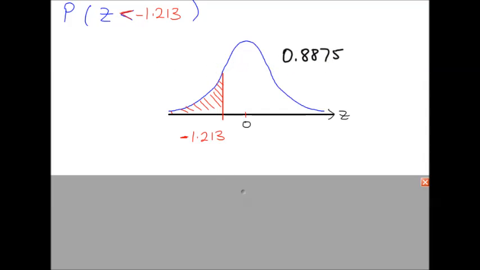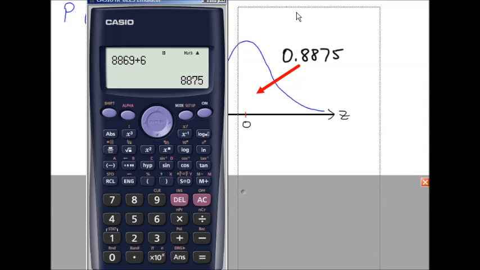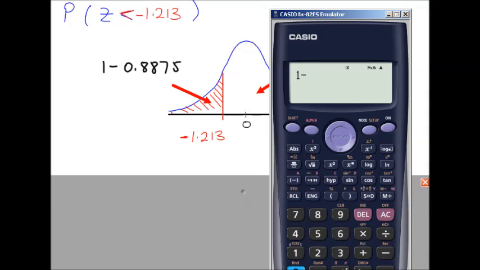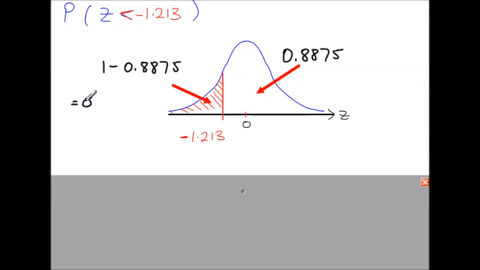That value there belongs to the other side, so that goes here. So the value here will be 1 minus what we've looked up. Okay, so 1 minus 0.8875. So 0.1125. That's the answer.